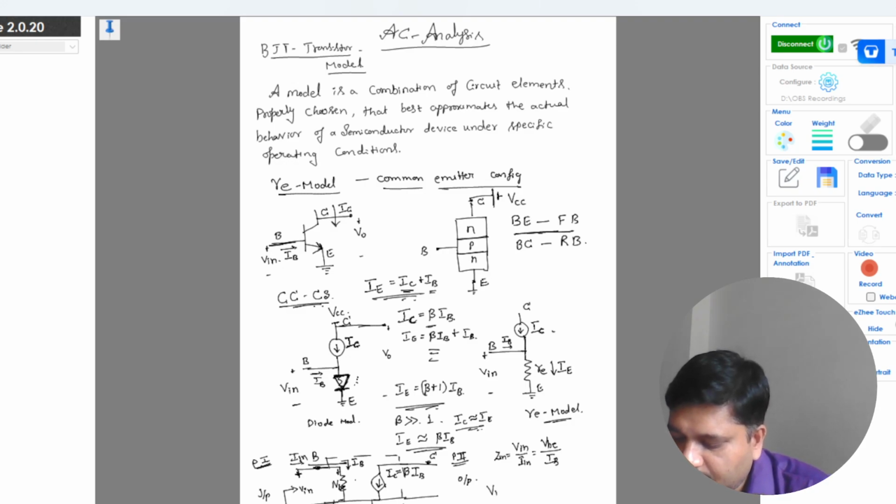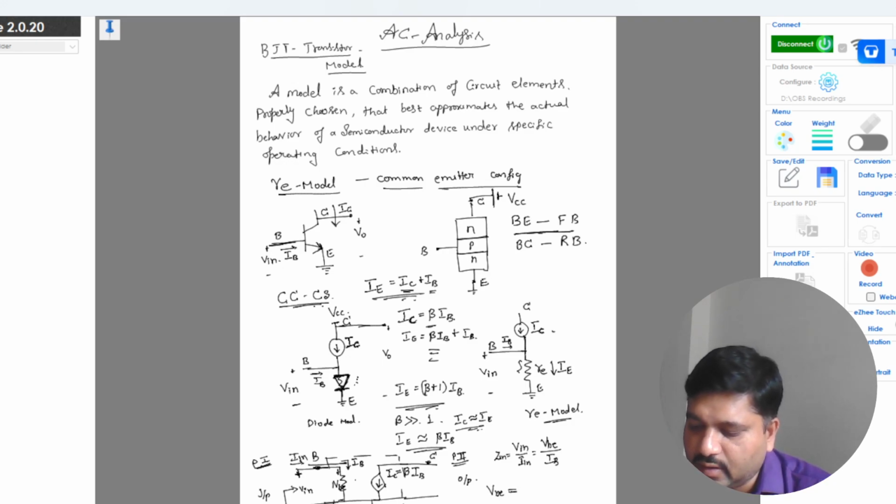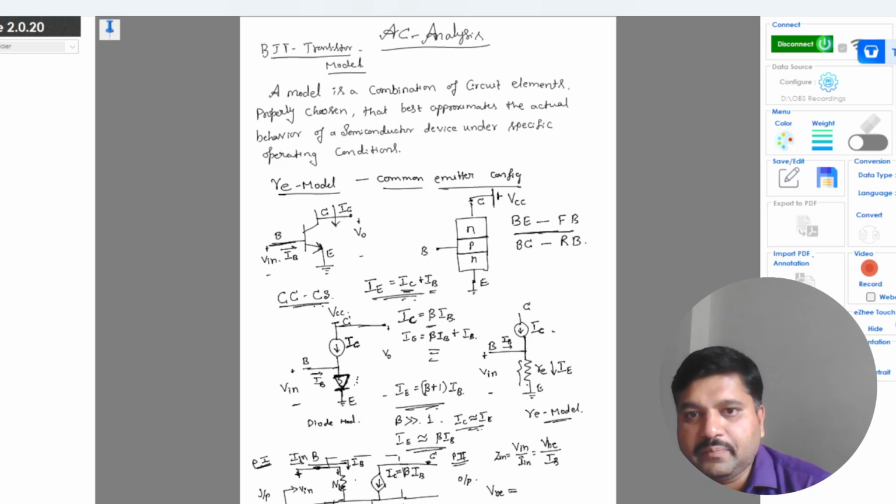VBE is nothing but the voltage across this resistance RE model. The voltage across RE is RE times the current flowing through it, which is IE.